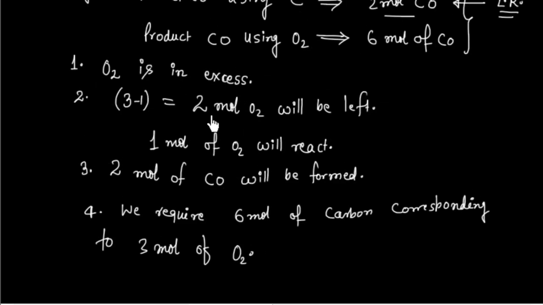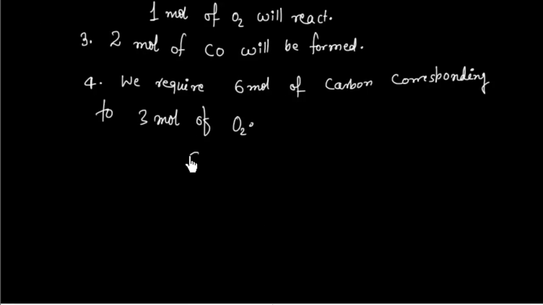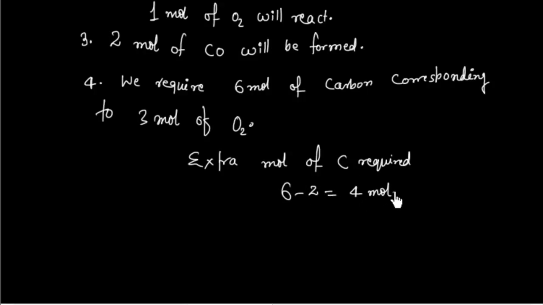But how many mole of carbon do we have? We have only 2 mole of carbon. So extra mole of carbon is required, and this is equal to 6 minus 2, so 4 mole of carbon is extra required.